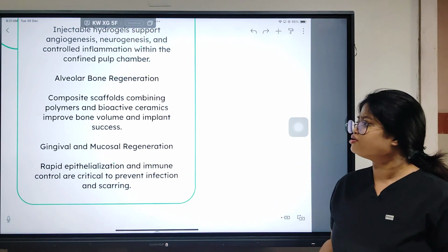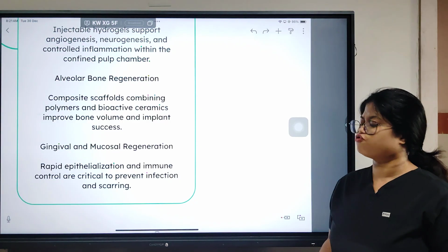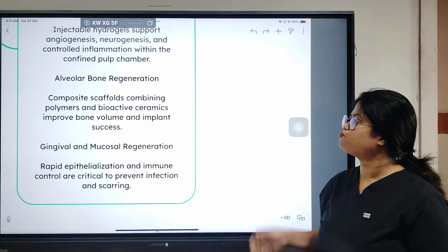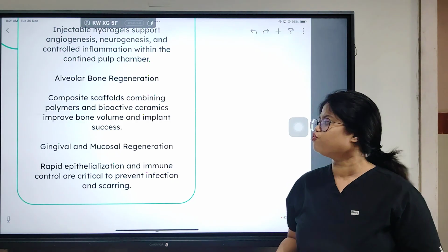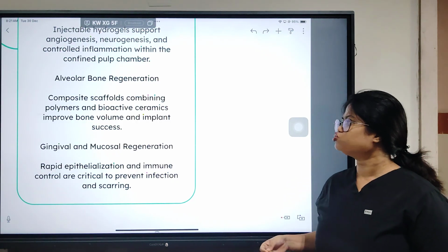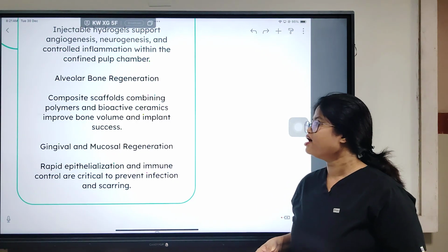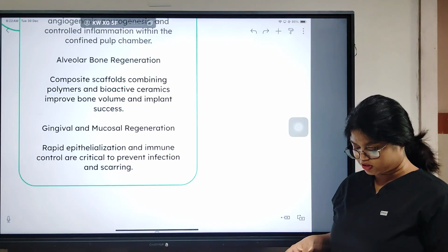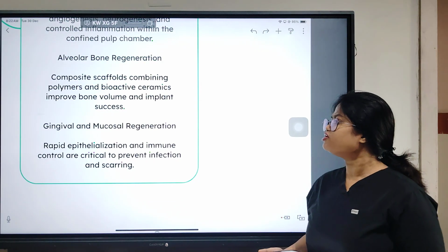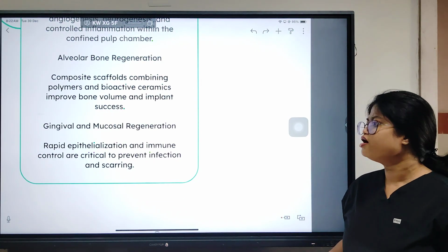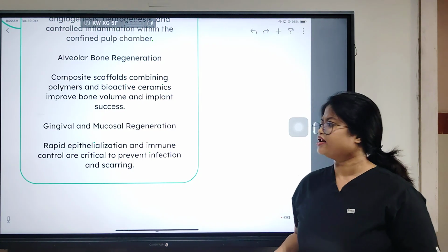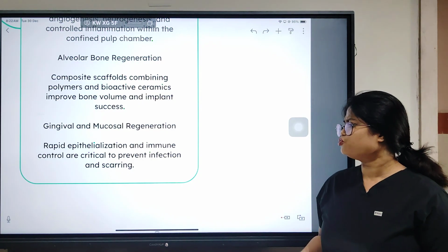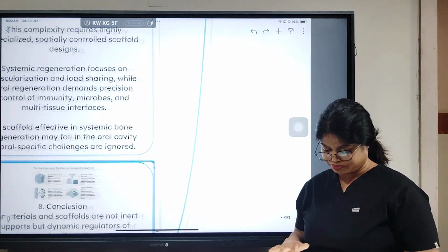For alveolar bone regeneration, composite scaffolds, that is hybrid scaffolds combining polymers and bioactive ceramics, not only improve the bone volume but also help in implant success and overall outcomes. And lastly, for gingival and mucosal tissue regeneration, rapid epithelialization is a key precursor, and immune control is critical to prevent infection and scarring.